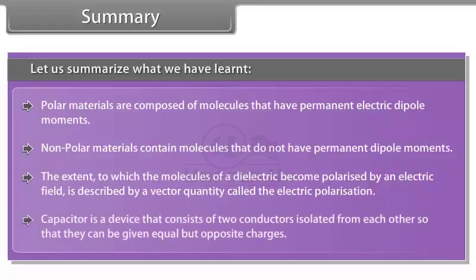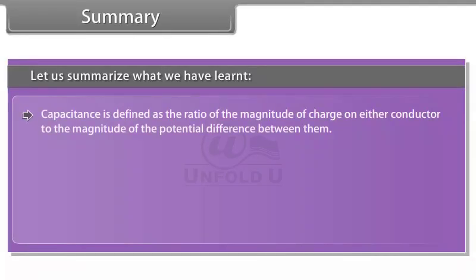A capacitor is a device that consists of two conductors isolated from each other so that they can be given equal but opposite charges. Capacitance is defined as the ratio of the magnitude of charge on either conductor to the magnitude of the potential difference between them.